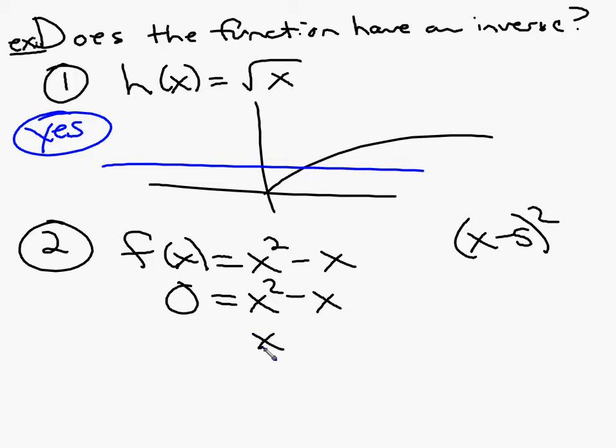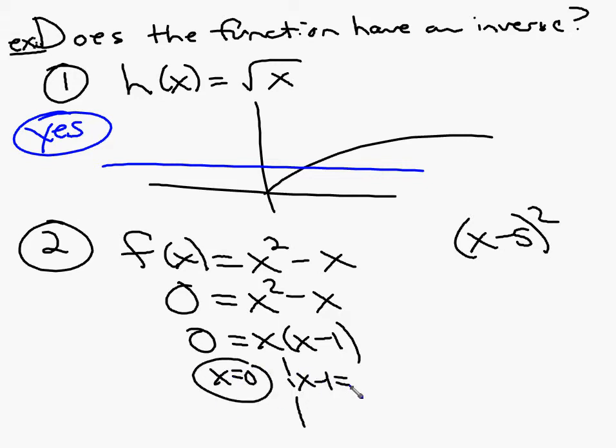I can factor out an x. I have x times x minus 1. Split this up, and I find out that x equals 0, and x minus 1 equals 0, so x equals 1. So those are the two intercepts, and that tells me how I can sketch this graph.